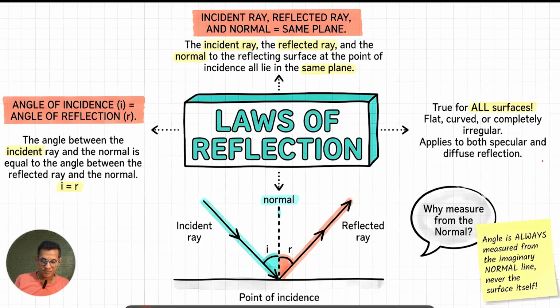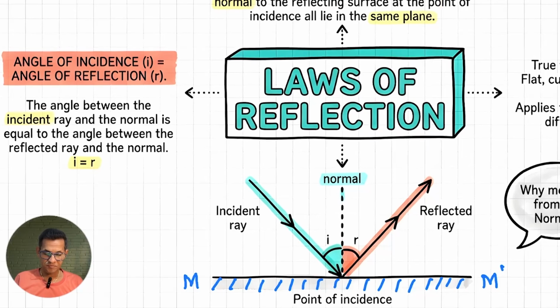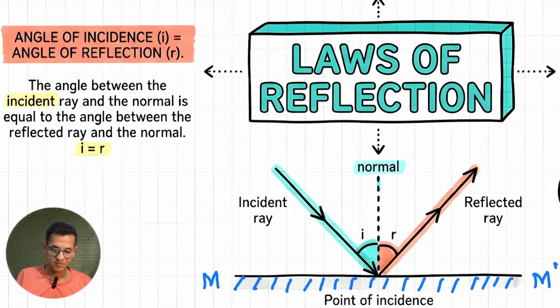Let's assume that we have a mirror whose reflecting surface is pointing upwards. Let's also name it M1. Now, let's assume that a light ray hits the mirror at a particular angle.